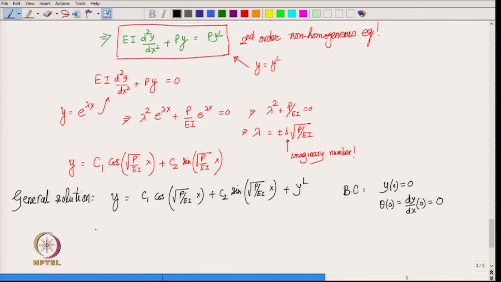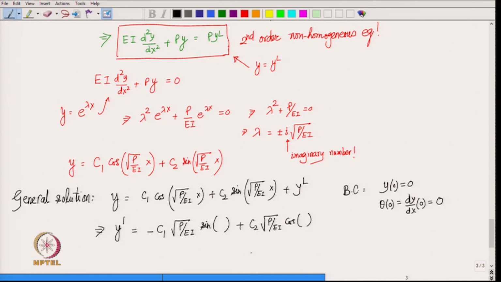So, what is y prime, for example? So, y prime is nothing but minus C1 into square root of P by E I times sine of this number plus C2 into square root of P by E I times cosine of that number, right.